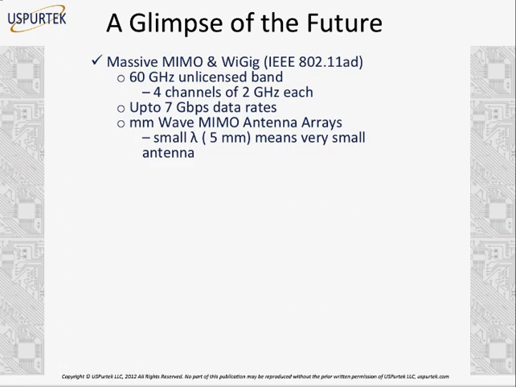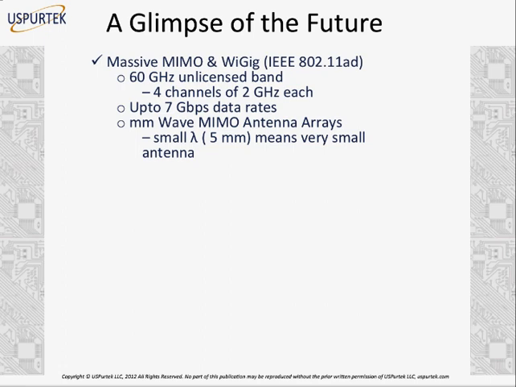It's 60 gigahertz. Now remember, earlier we discussed that the minimum separation between antenna elements must be at least lambda by 2. So in this case, the separation will be what? 2.5 millimeters only. If we have the 60 gigahertz unlicensed band frequency, our antenna separation drops down to only 2.5 millimeters.